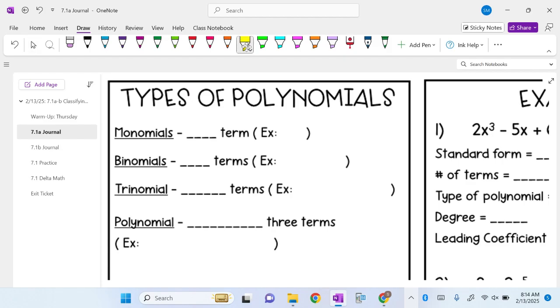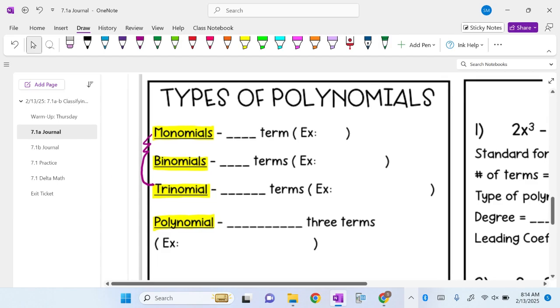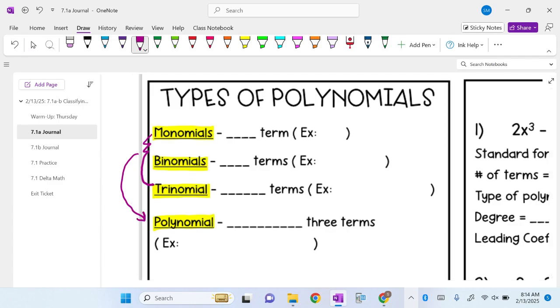So, the 3 main types of polynomials that you'll see in this class are monomials, binomials, and trinomials. And then of course just a polynomial. If your polynomial doesn't fall under one of those 3 categories, it's automatically a polynomial.